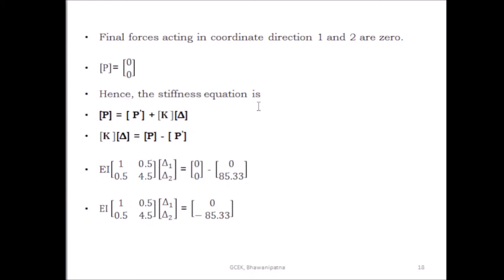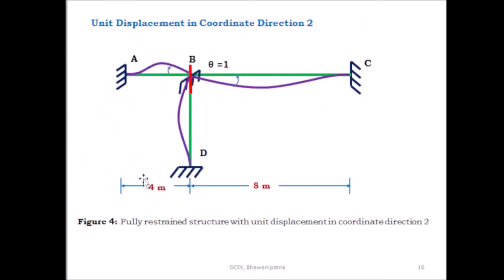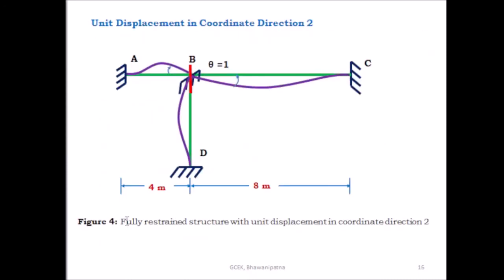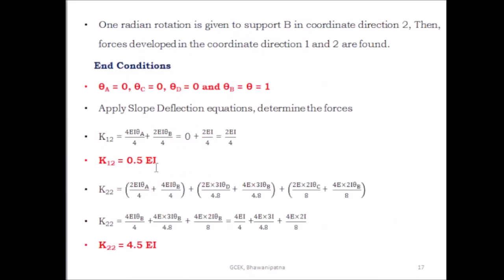Hence the stiffness equation becomes P is equal to P dash plus K delta, then K delta is equal to P minus P dash. K is the stiffness matrix, you have to put K11, K12, K21, K22. Here K11 is 1 EI, K12 is 0.5 EI.